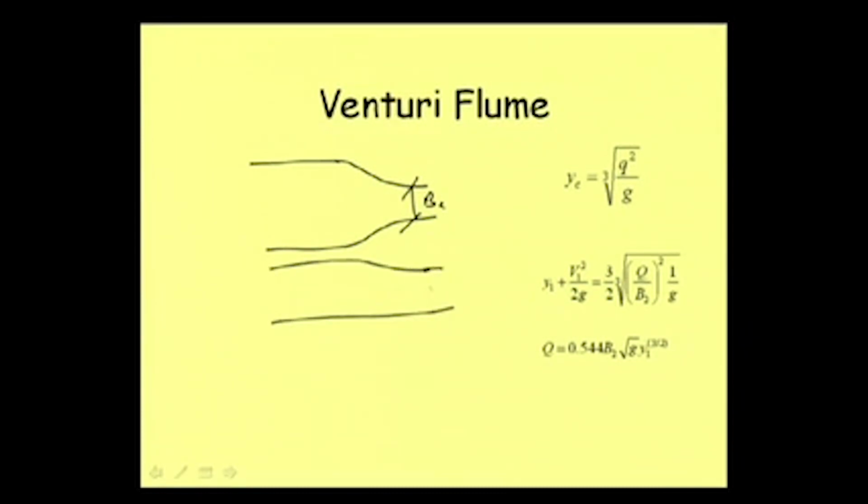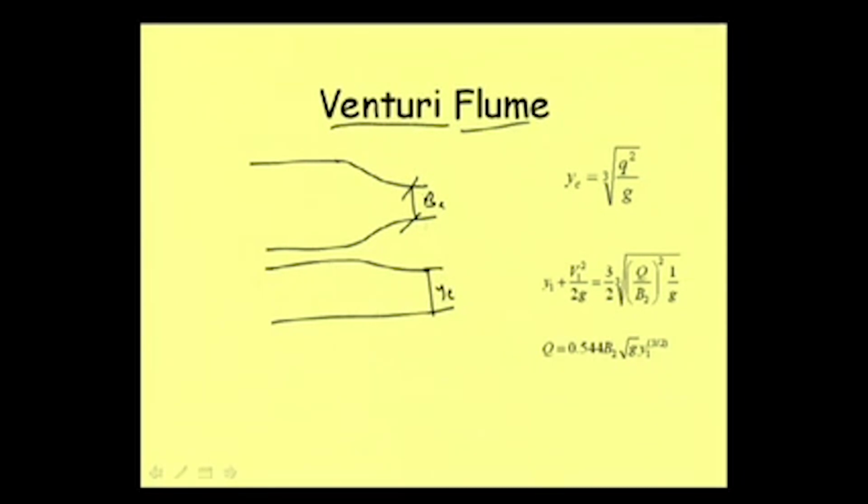and critical depth here, we have YC here. Based on that, we can devise one flow measuring device that we call as a Venturi flume. What is the advantage of this?